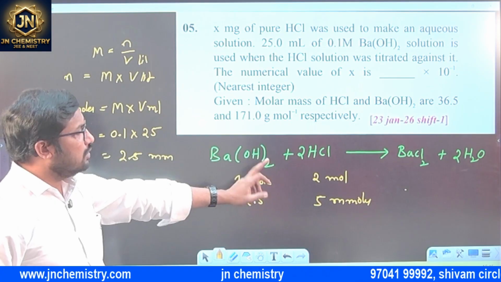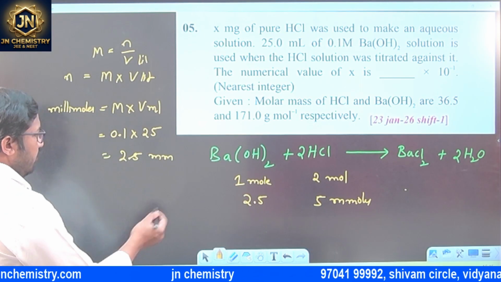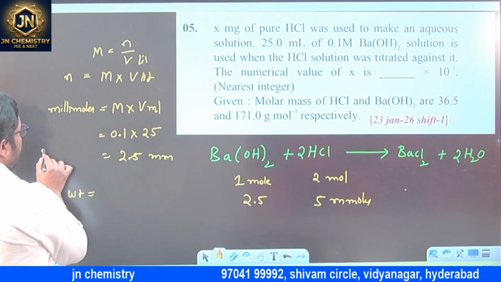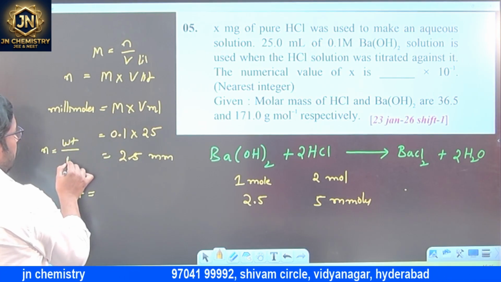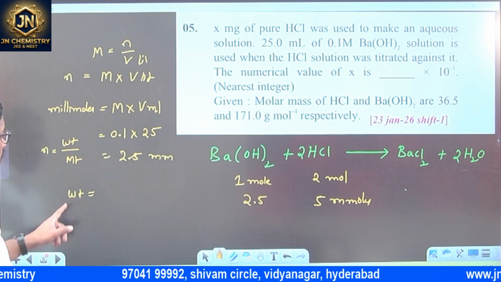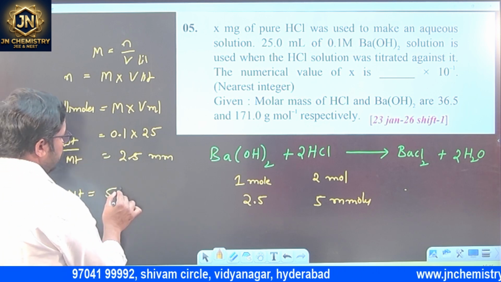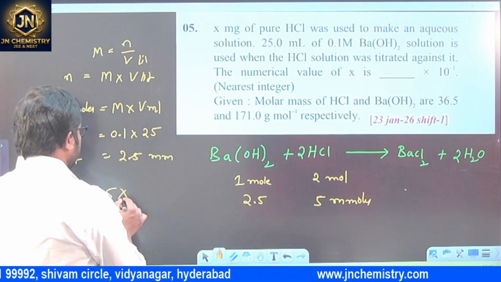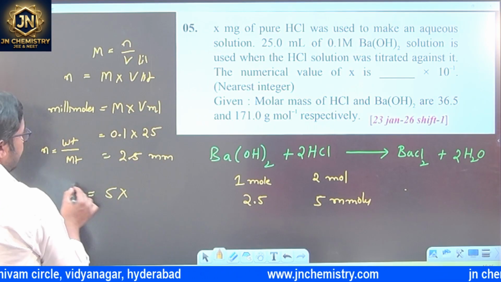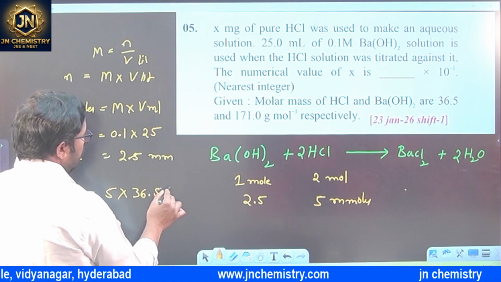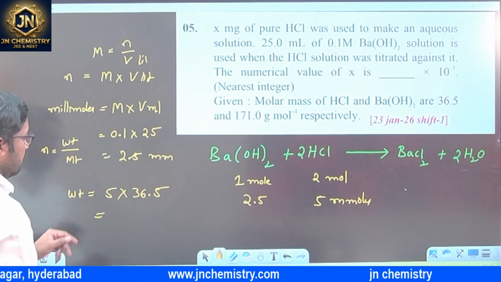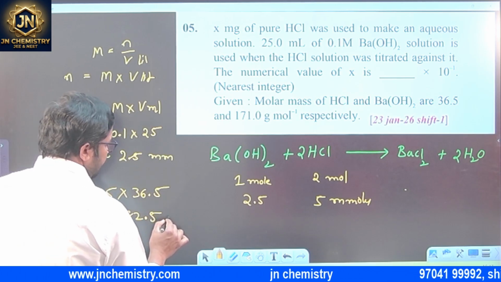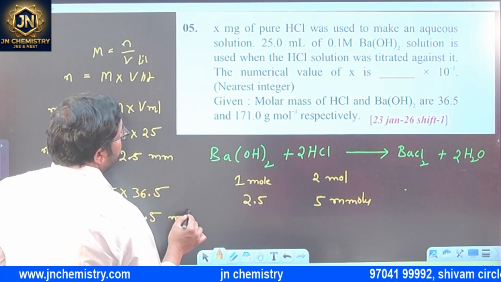They are asking about the HCl. Number of moles is equal to weight by molecular weight, right? So weight is equal to number of millimoles, 5, into molecular weight of HCl, 36.5. We will get 182.5 milligrams.